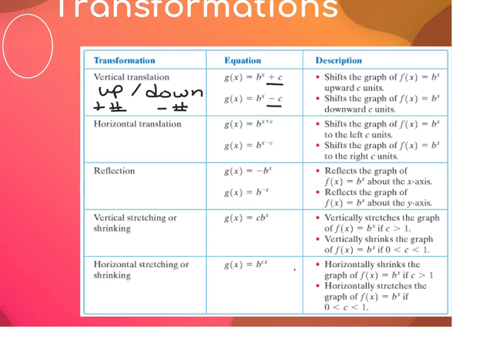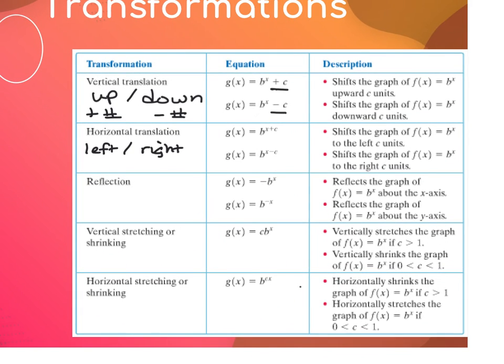For the horizontal translation, this is the left and the right movement. And just like before, it's backwards of what you think. So here, when you add a number to the exponent, it's like shifting left. When you subtract a number, it's shifting right.